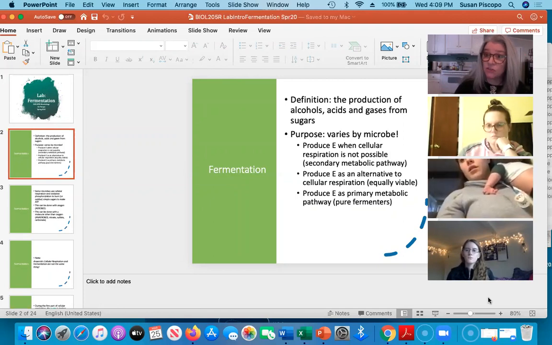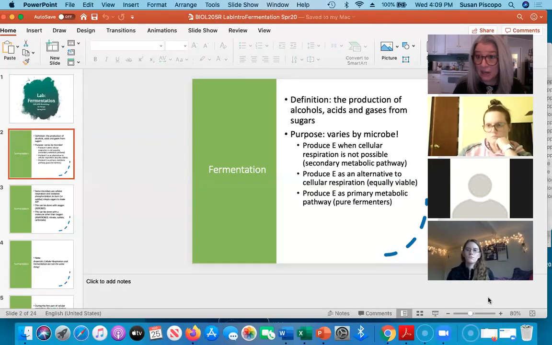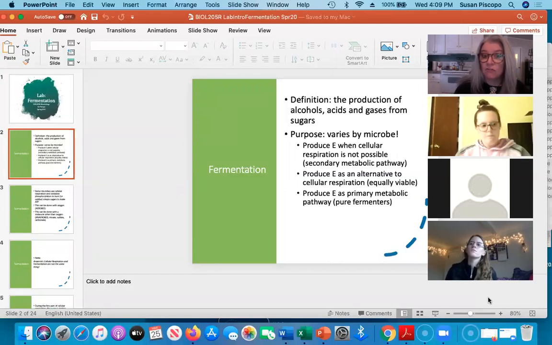So they use fermentation as their primary metabolic pathway. So it's really remarkable the diversity of metabolism that you see in microbes. These microbes are fermenting as a way to produce energy. And they fall into any of that array of classes that I mentioned.